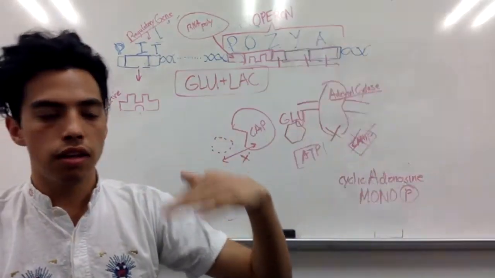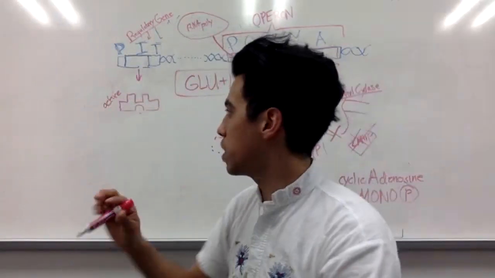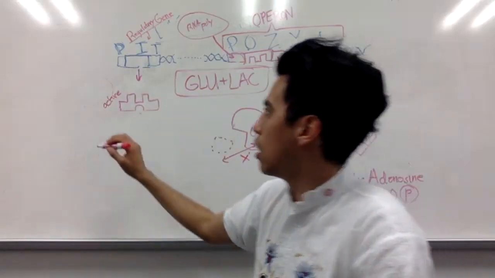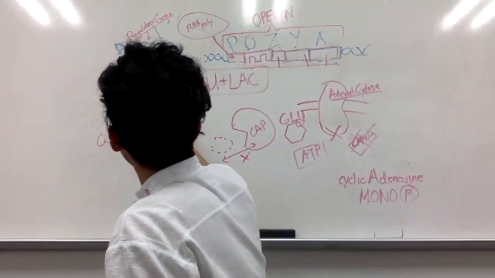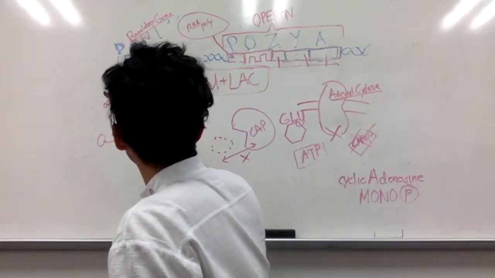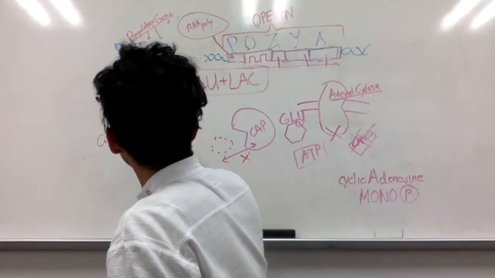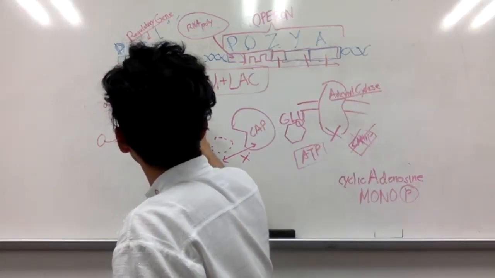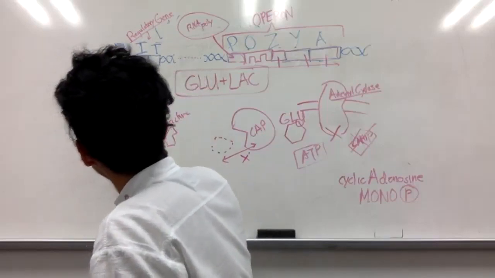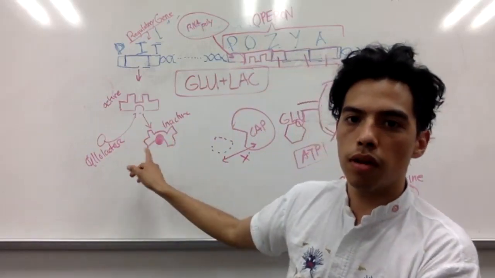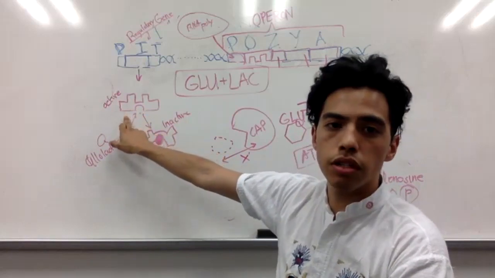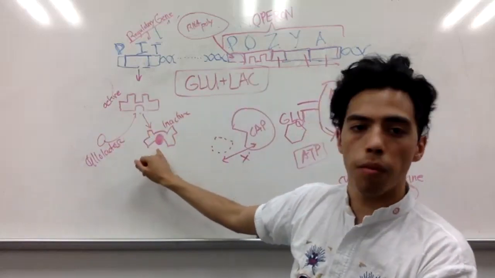And then on the other hand, when you have lactose present, like when we talked about in the first case, allolactose serves as a molecule that will bind to the repressor of this operon, and it will make it inactive.